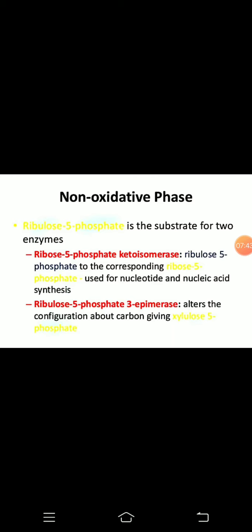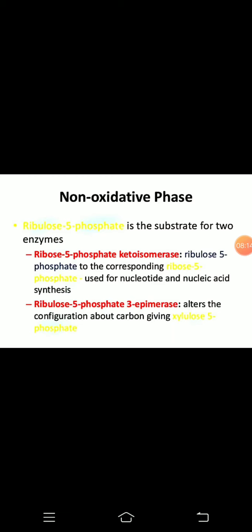Now this ribulose 5 phosphate acts as a substrate. And there are 2 enzymes, the ketoisomerase enzyme and the epimerase enzyme. These 2 enzymes have one substrate, that is the ribulose 5 phosphate. It acts as a substrate for 2 different kinds of enzyme. Which are the 2 enzymes?